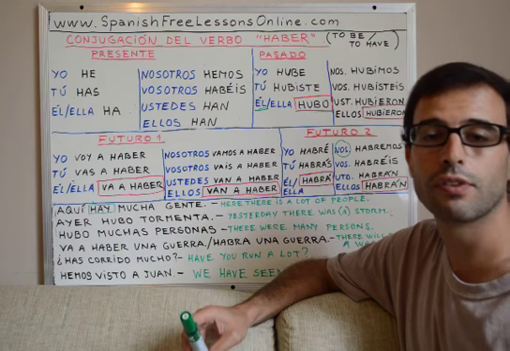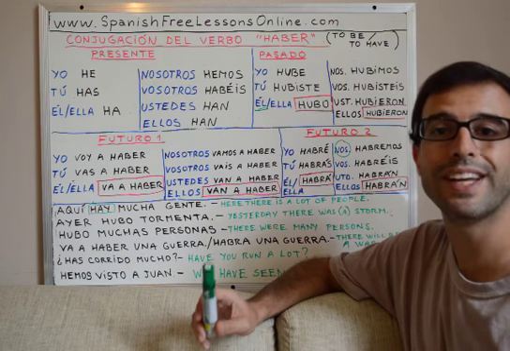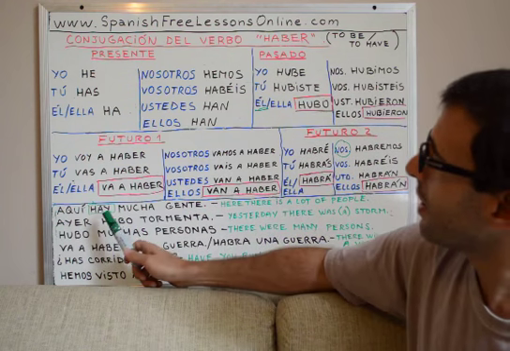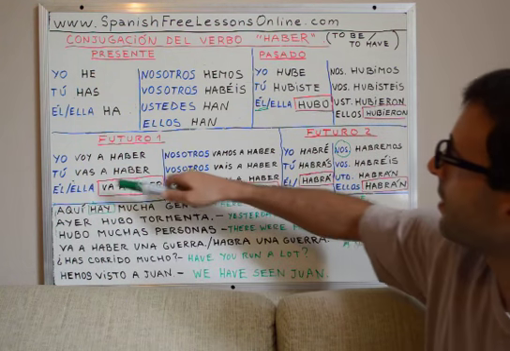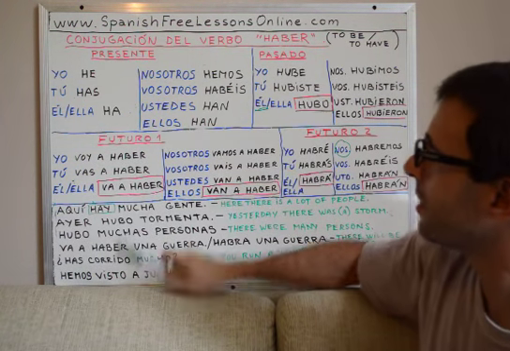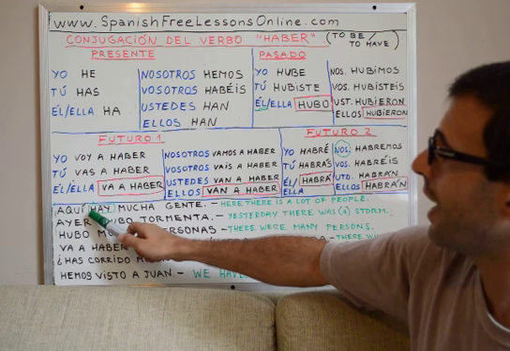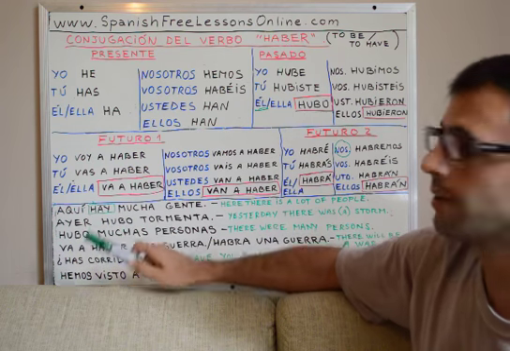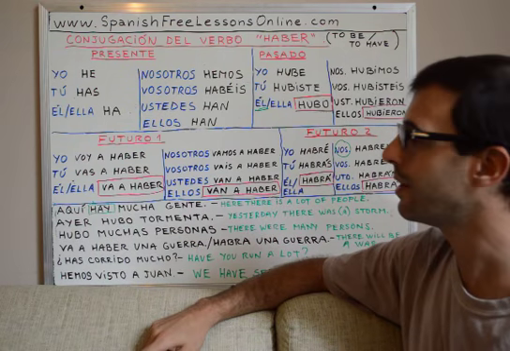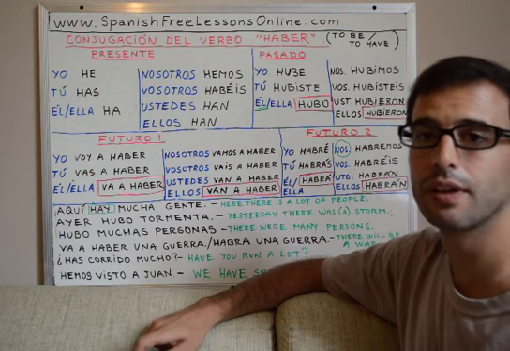For the third subject pronoun of the singular. That means for it, or he or she, right? Is. However, if you take a look at here, there is no conjugation of the verb haber that says hay, H-A-Y, right? That's why in Spanish this is a special conjugation. That means literally there is.